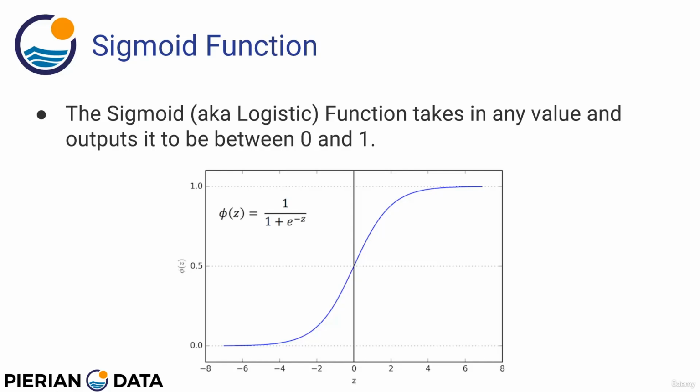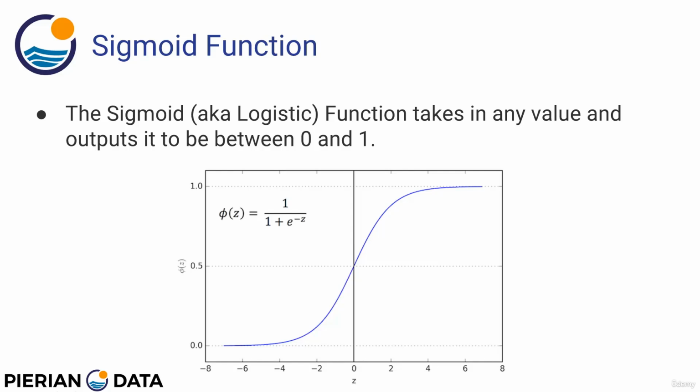If we take a look at the equation on this plot, we have the sigmoid function plotted out. On the bottom line, usually the x-axis, here we're denoting it as z. And the formula is theta of z, so the function of z, is equal to 1 over 1 plus e to the power of negative z.